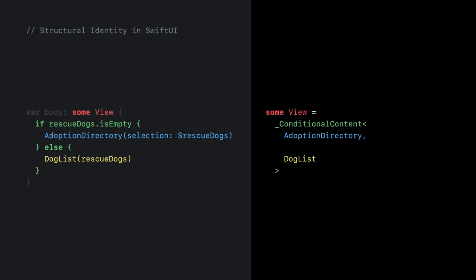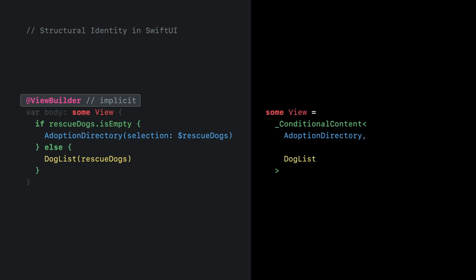SwiftUI accomplishes this by looking at the type structure of your view hierarchy. When SwiftUI looks at your views, it sees their generic types. In this case, our if statement translated into a conditional content view, which is generic over its true and false content. This translation is powered by a view builder, which is a type of result builder in Swift.